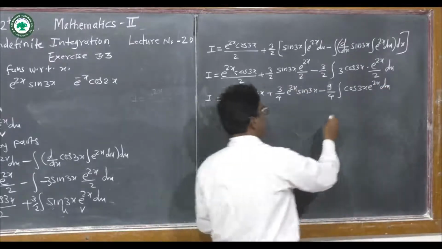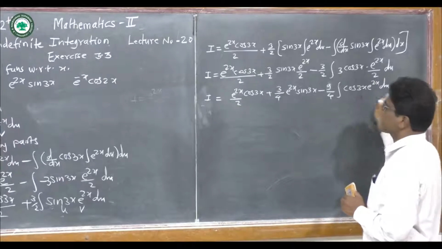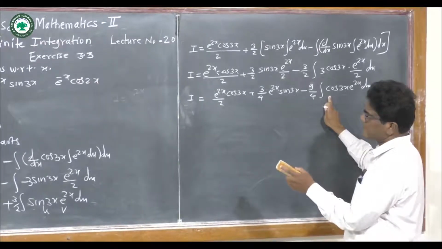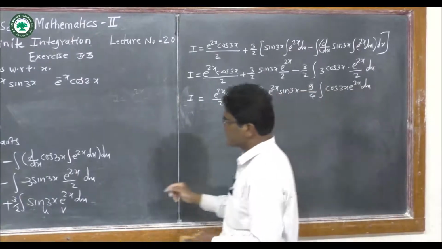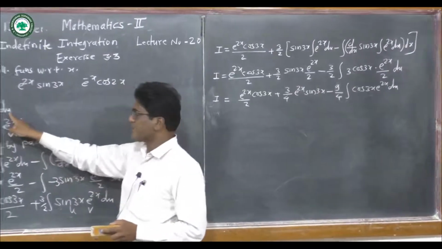Now see this integration of cos of 3x e to the power 2x dx, this is nothing but I. I is equal to integration of e to the power 2x cos of 3x dx, this is I.